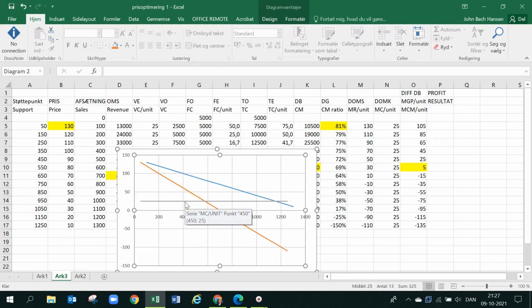So this is price optimization shown in a unit diagram, and the theory is, of course, that we will continue to expand and increase our sales in units by decreasing our price, as long as the extra revenue, the marginal revenue, is above the marginal cost. Okay, that was it.